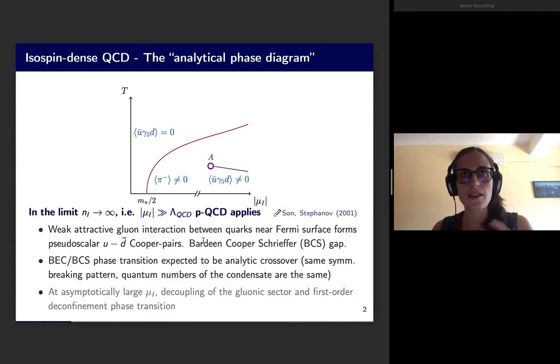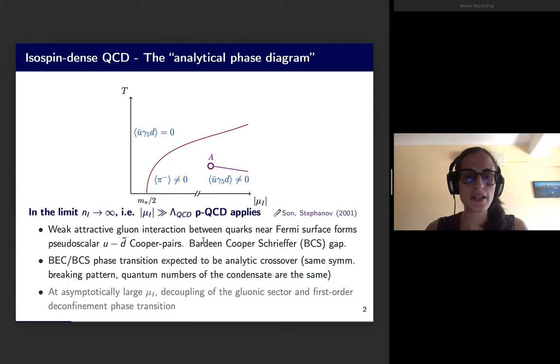And this fact that the quantum numbers of the condensates are the same reflects the fact that the symmetry breaking patterns are the same in the two cases. And when this happens, it is reasonable, and it was indeed conjectured, that the boundary is not a true phase transition, but rather a smooth crossover between the two phases.